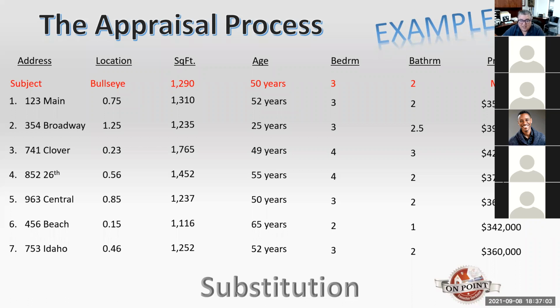Guess what you just did? You just appraised this property, which I would venture to say, those of you who have tried to come up with a value before have never done it this way. What you were looking at was the values. I'm not trying to criticize you, obviously. I'm simply showing you what an appraiser does.